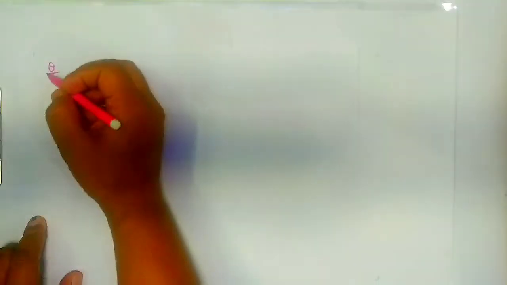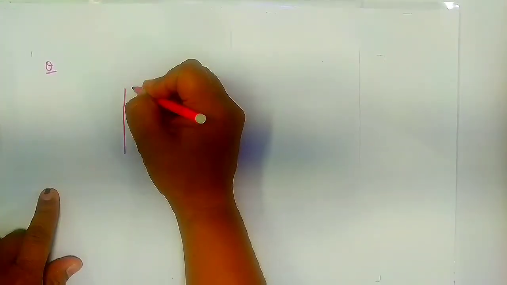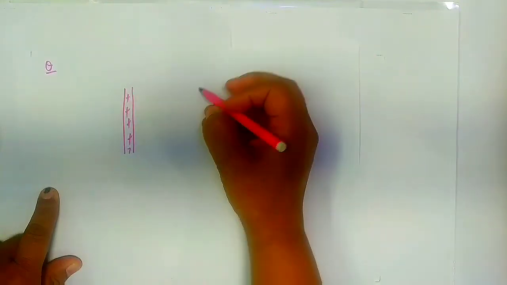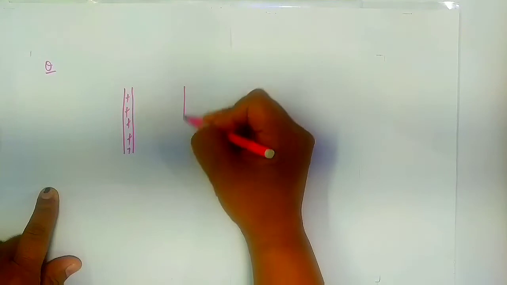Now I can explain two other examples related to charge sheets, very simple. One is that two infinite charge sheets are given like this, one is this and another one is this.